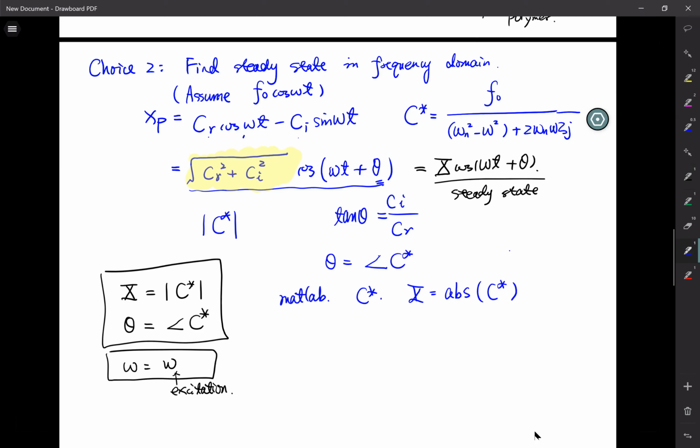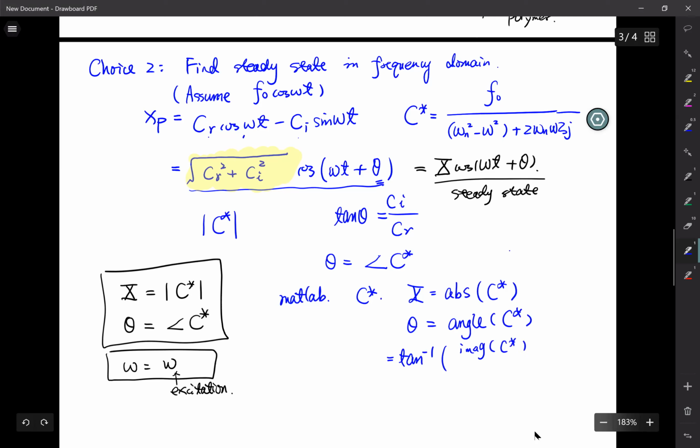In order to find the angle theta, you can use angle of C star, or you can use tangent invert, imag C star over real C star. So either way should work. So that's how you do it in MATLAB.